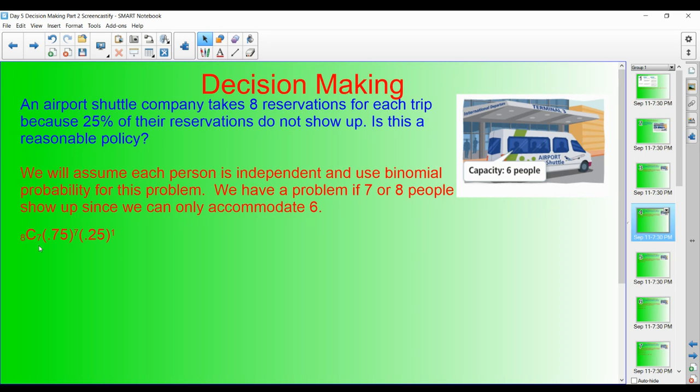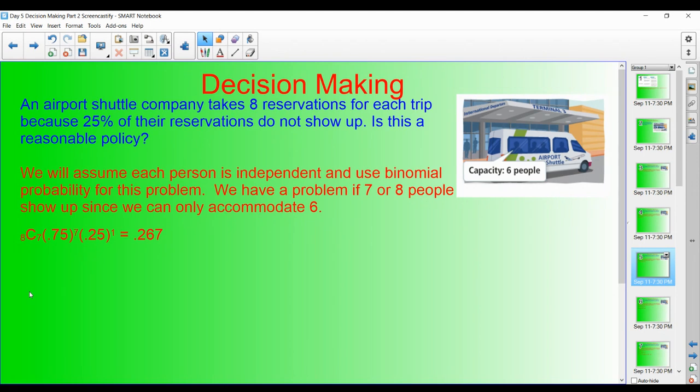We want exactly 7 people to show up. Now it says there's a 25% chance that they don't show up, which means that there's a 75% chance they do show up. So this is the formula to find out the probability that exactly 7 people show up. So that's a 26.7% chance that exactly 7 people show up.